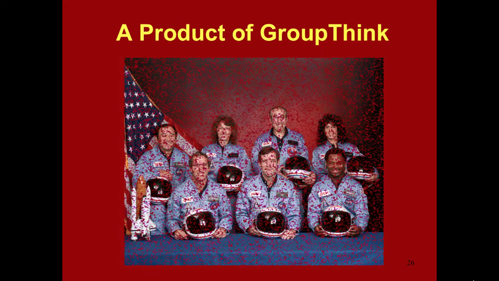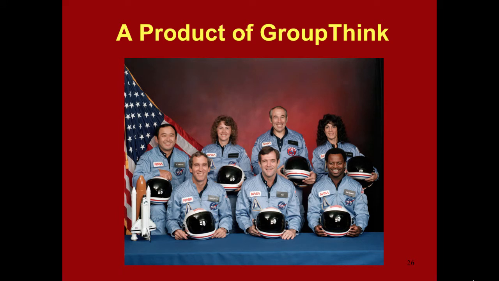The 1986 Challenger explosion that killed 7 astronauts, including one school teacher, is another example of groupthink. It was found that the engineering group that designed the part of the shuttle that was responsible for the explosion had warned NASA that the part would fail in cold weather.